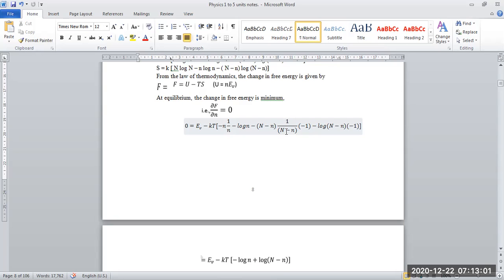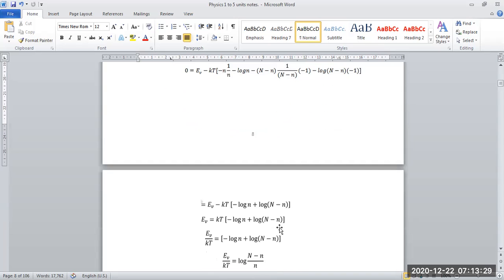So definitely this and this get cancelled. So minus into minus is plus 1. This entire value is plus 1 now. This value is minus 1. Minus 1 plus 1 get cancelled. What is remaining? Minus log n, this term. So minus log n as it is we have written here. Minus into minus plus. So log of capital N minus small n.